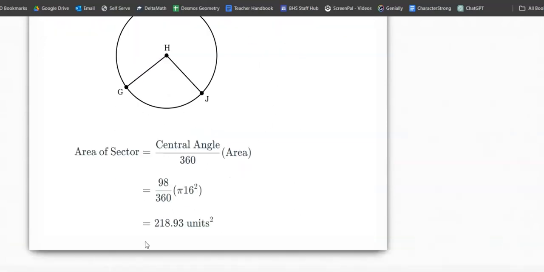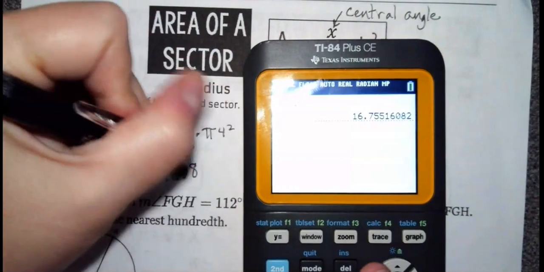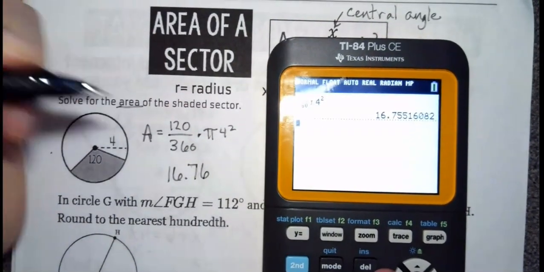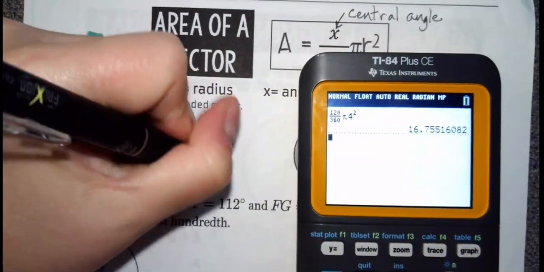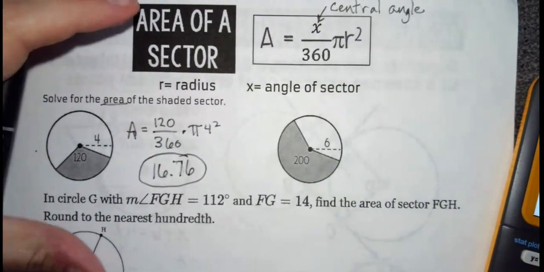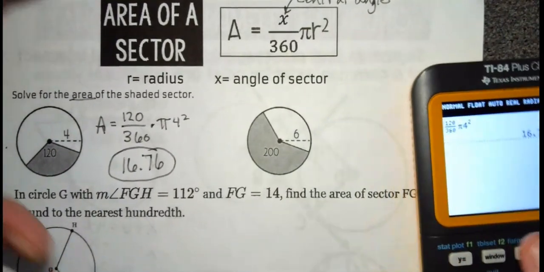It actually wants it to the nearest hundredth, so I'm going to change this to 16.76 instead of 16.8, just so that when you get to Delta, you don't accidentally round to the nearest tenth and then get it wrong, because that's super annoying, right? I wish it could be a little more consistent with how it wants you to round, but I think they change it up so that you get practice in rounding to different things.